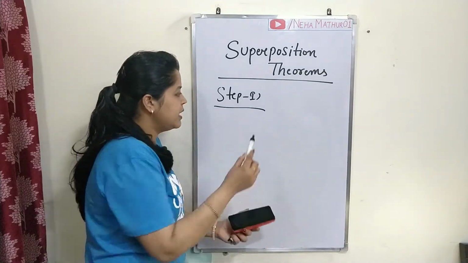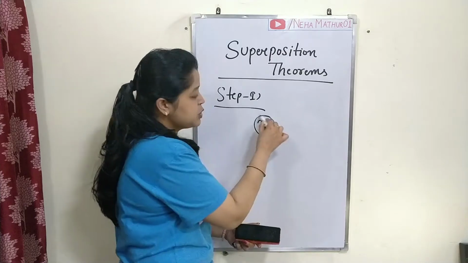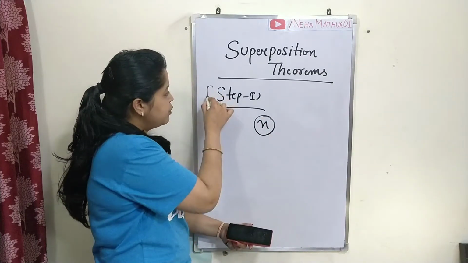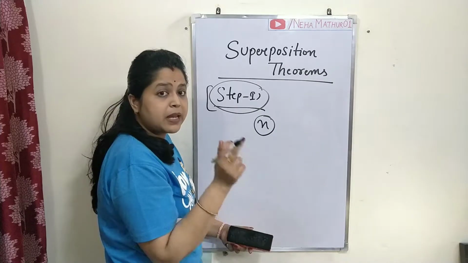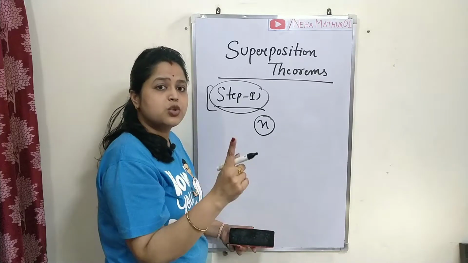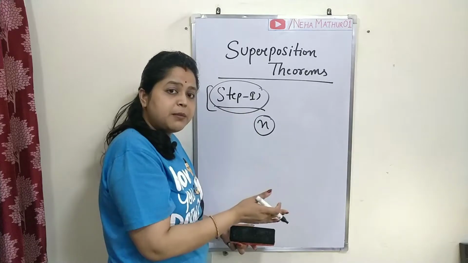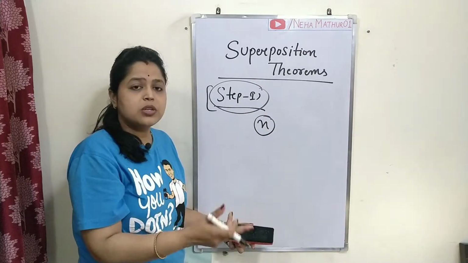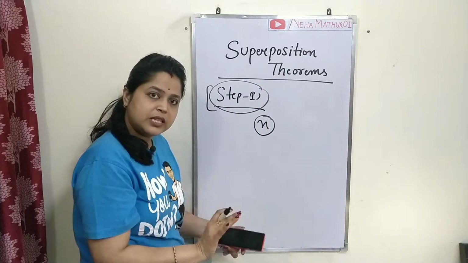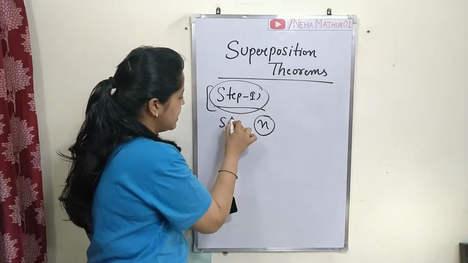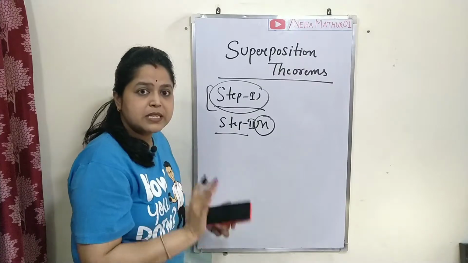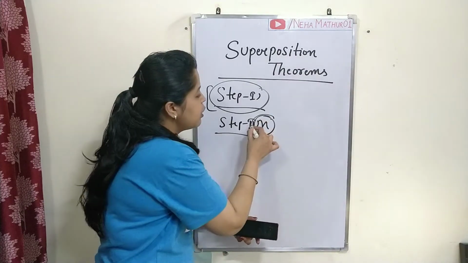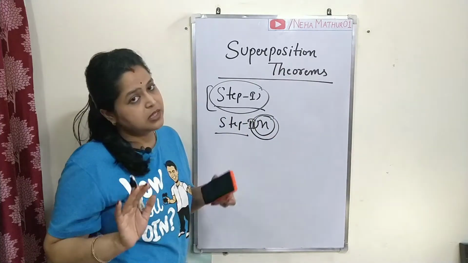If you have n independent sources, you repeat step 1 n times, considering one independent source at a time and eliminating the remaining independent sources. The number of steps basically depends on the number of independent sources present in the circuit.